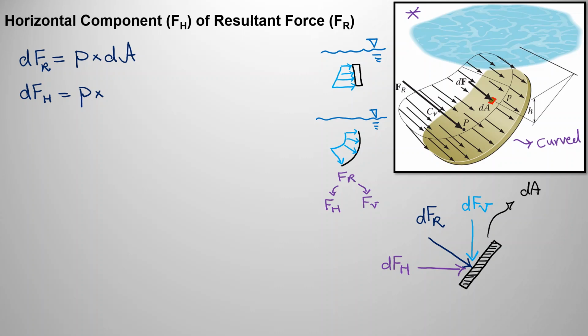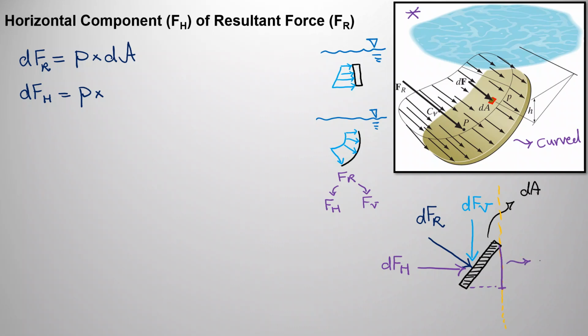So if this is my vertical plane, imaginary vertical plane that I'm considering, right? What would be the projected area of patch dA on this imaginary vertical plane? It would be this line, right? It would be projected like this. And what would be the area of this projected one?